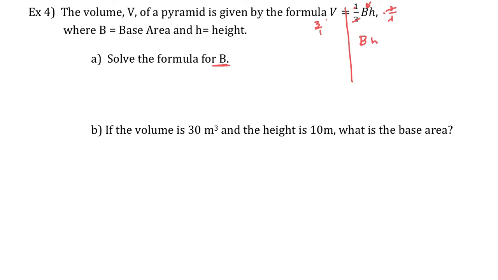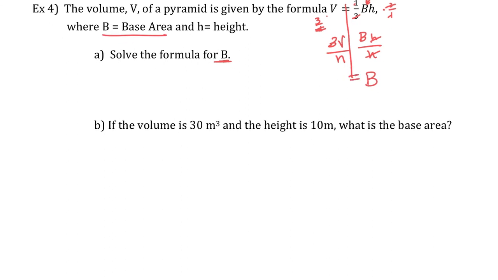And on this side, there's really no need for the fraction because the only denominator is 1, so we just get 3V. Next, we divide both sides by H because we need to get rid of that. And the H's cancel out, and we find out that B, which stands for base area, is equal to 3 times V over H. So there's our answer for part A. B equals 3V over H.